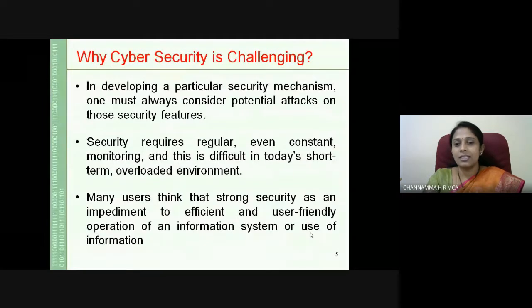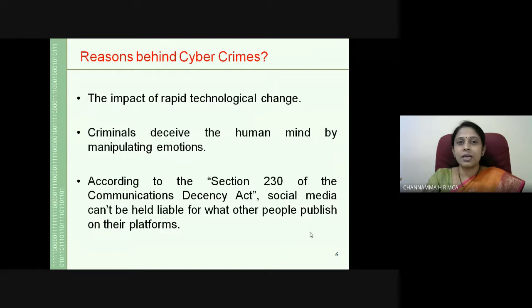This is another reason people are becoming victims of cyber crimes. These are a few of the challenges. As we know, technology is changing very fast, and the human mind is one of the main reasons behind cyber security.